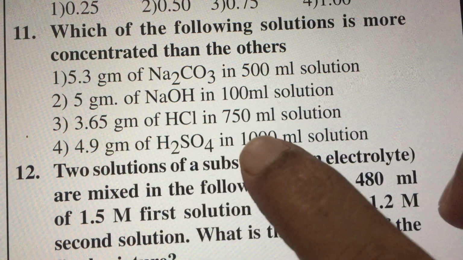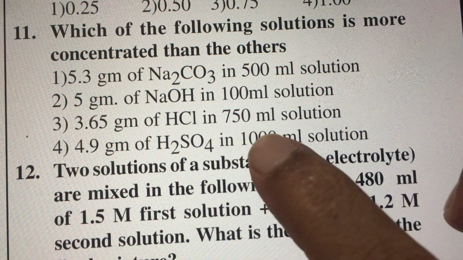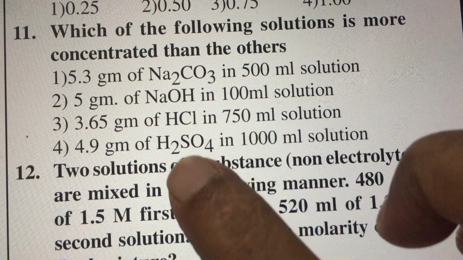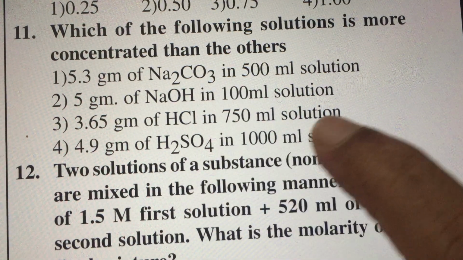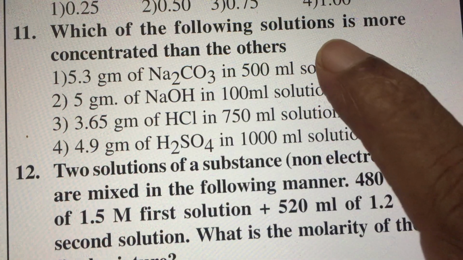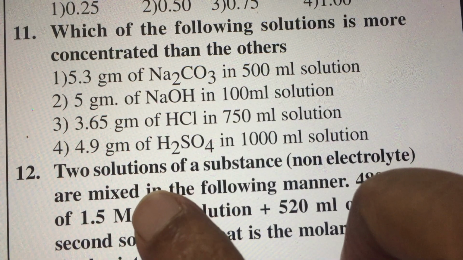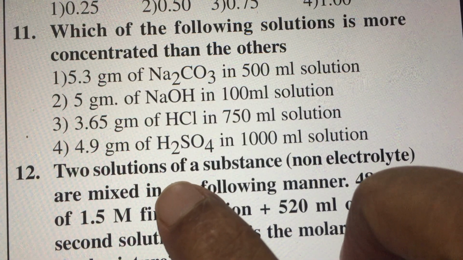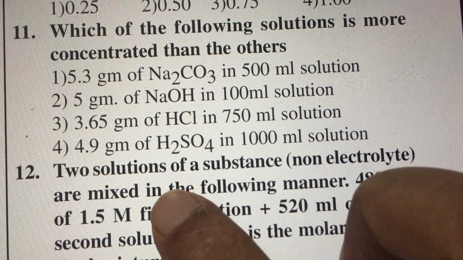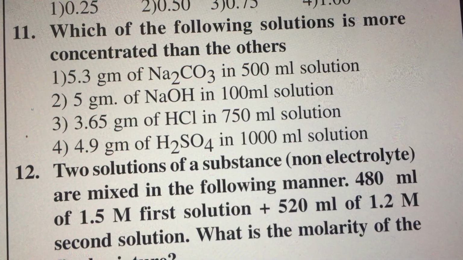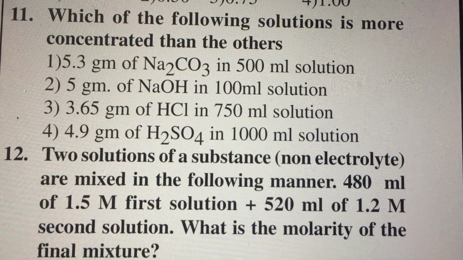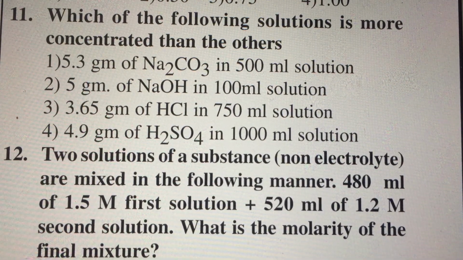It means 0.1 mole in 750 ml. So 1000 ml will be slightly more than 0.1 mole. Definitely 2 is more concentrated than 1 and 3. Fourth one is 1000 ml 4.9. 4.9 by 98, that is equal to 1 by 20 moles. That is least. So obviously you can see that the second option is more concentrated than others.